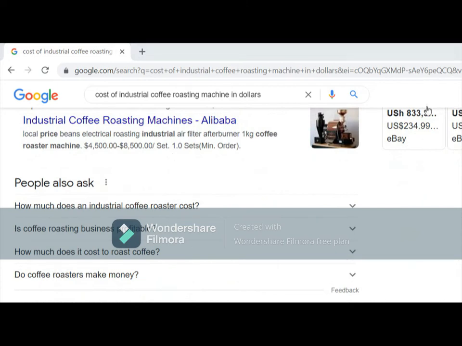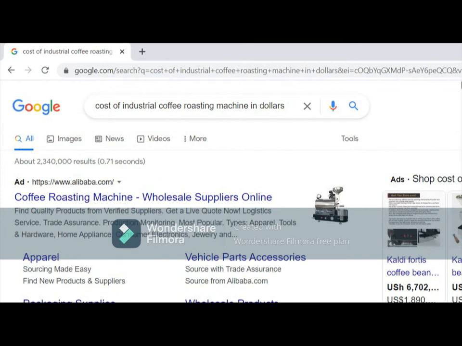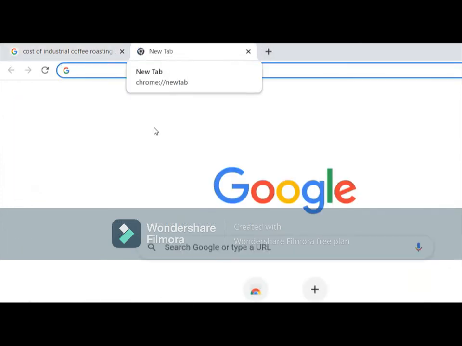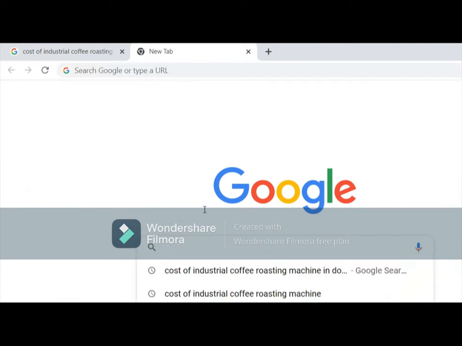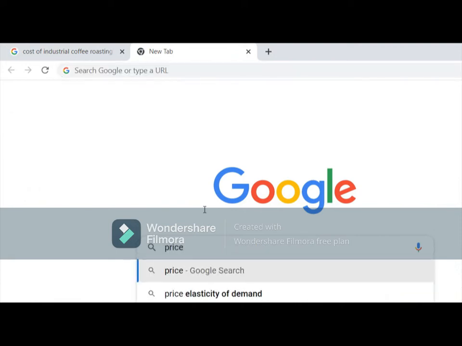So after coffee has been roasted, others pack it for sale. But before that, we have not talked about the price of coffee right now. The price of a kilogram of coffee in Uganda. Good.